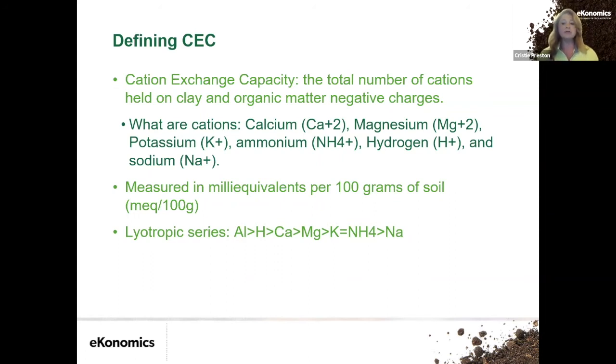And if we're thinking about how the soil holds on to these, there is a lyotropic series of how tightly each one of these is held onto the soil. So as you can see here, aluminum and hydrogen are both held on the soil complex stronger than, say, calcium, magnesium, potassium, ammonium, and sodium.